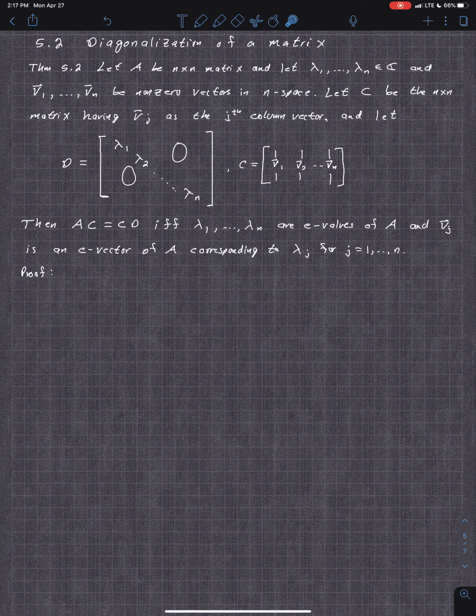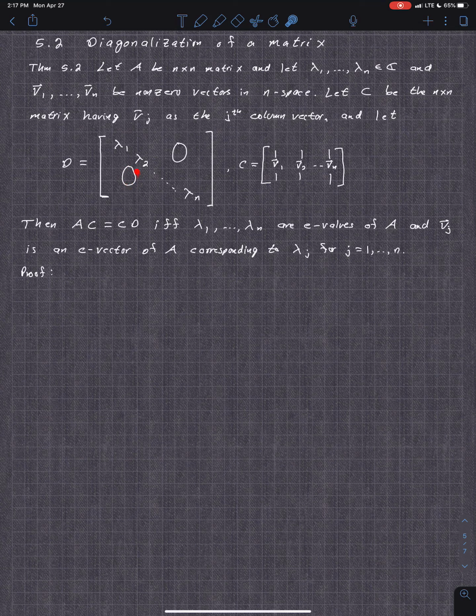Let C be the n-by-n matrix having V sub j as the jth column vector. I wrote it down here, so C is these column vectors. Then let D be the diagonal matrix where you have the lambdas on the diagonal, and zeros elsewhere.